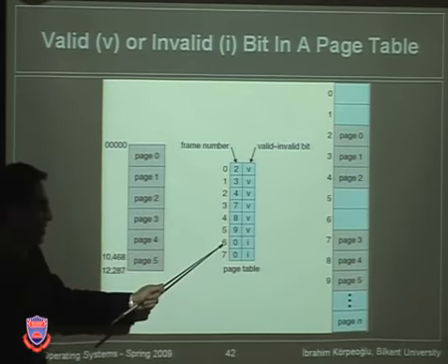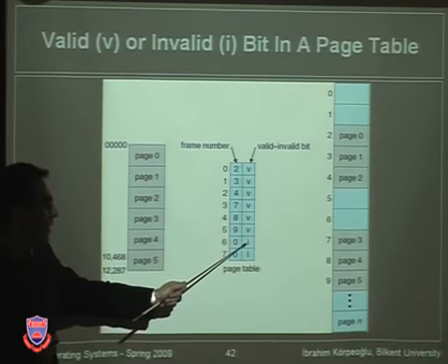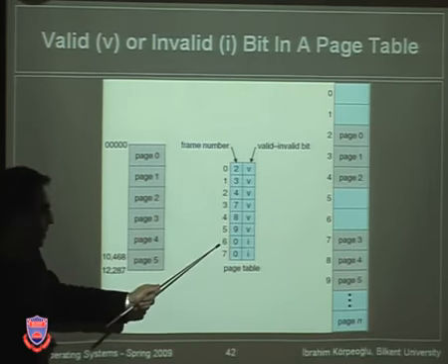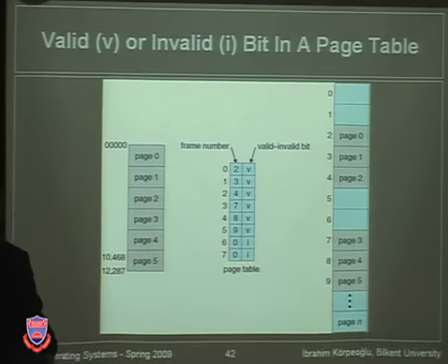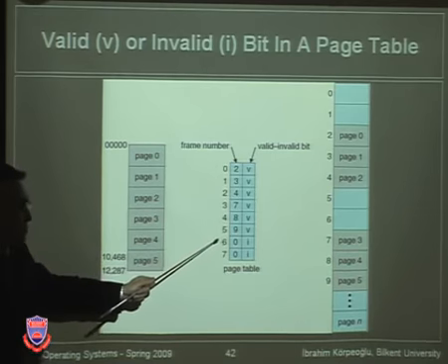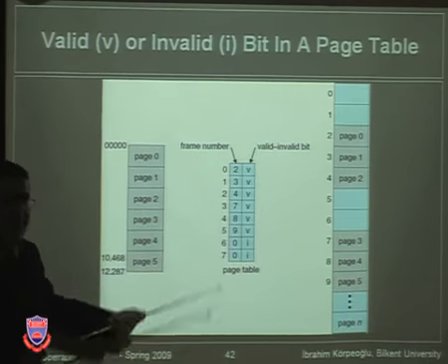However, page 6 doesn't have a corresponding valid frame number, and the valid-invalid bit is set to invalid, indicating that the program is not using page 6 at the moment. It's unused. So if your program makes a memory reference to an address there, that's an illegal memory reference.